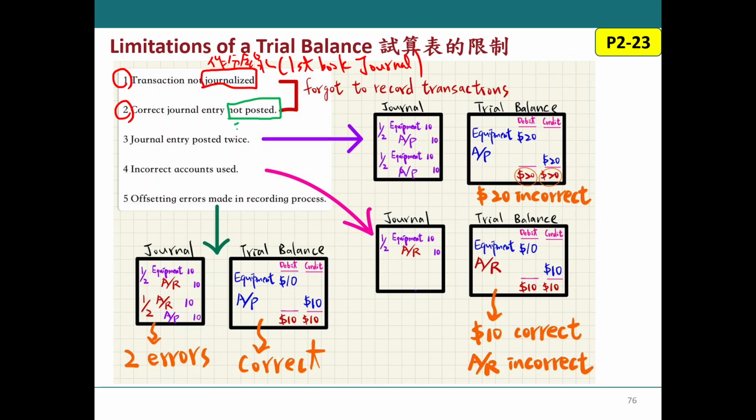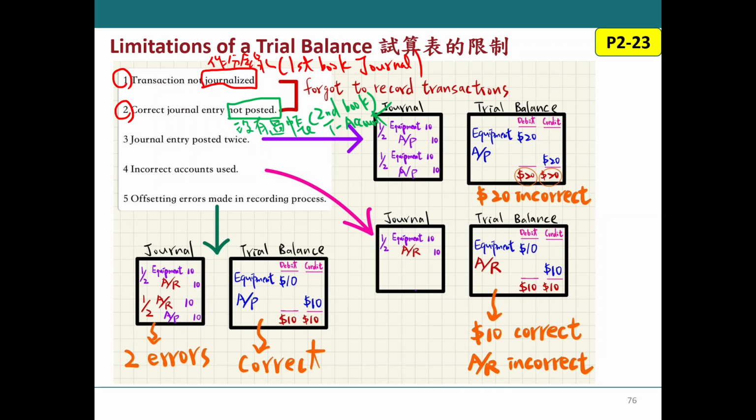You forgot to post the transaction to our second book, the T account. So the first error, the first mistake, and the second mistake: you forgot to do something. You forgot to record your transactions, okay?